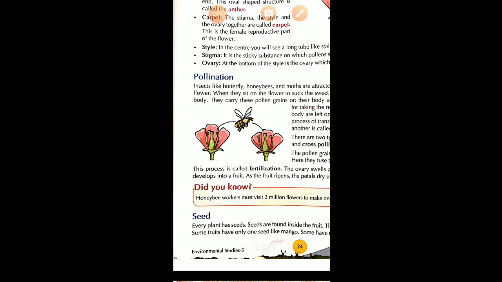When there is a fusion of a male and a female gamete, after fertilization occurs, each ovule which is in the ovary develops into a seed. And now, student, each seed contains a tiny undeveloped plant called an embryo.